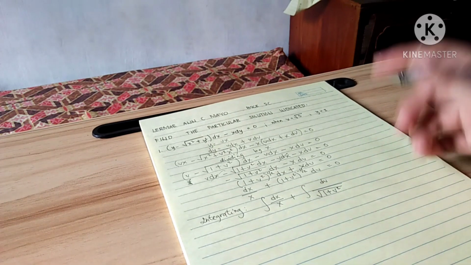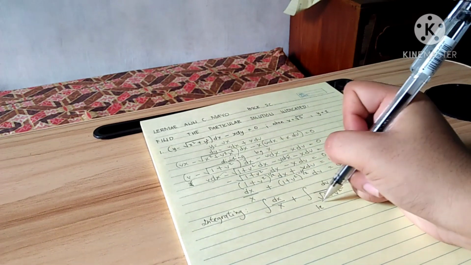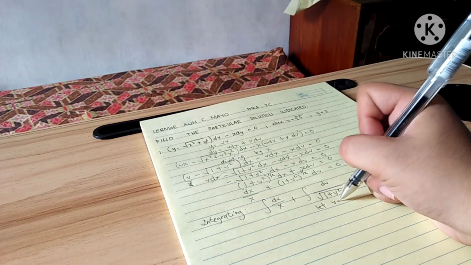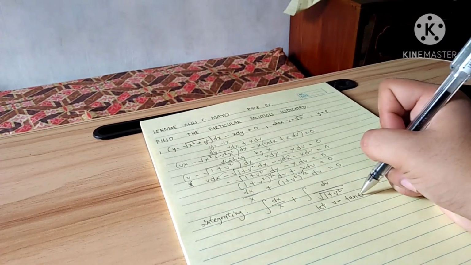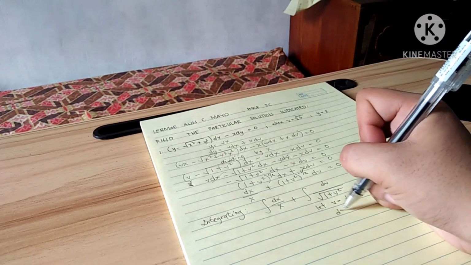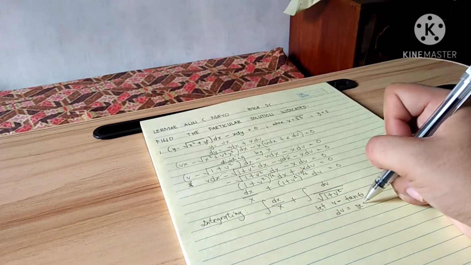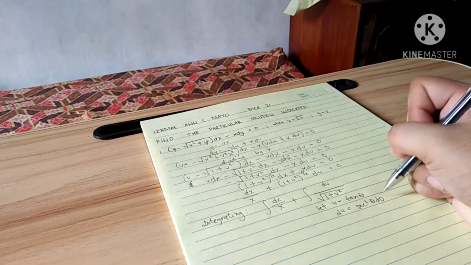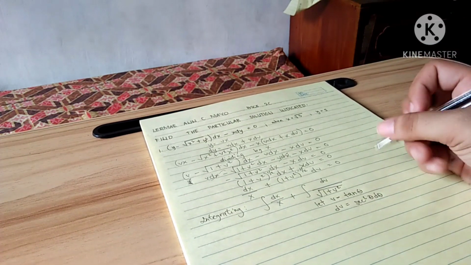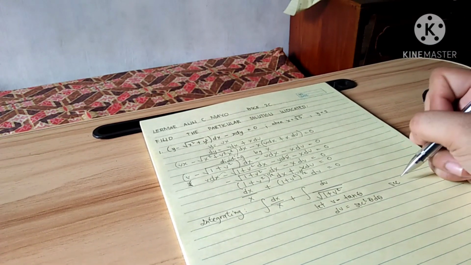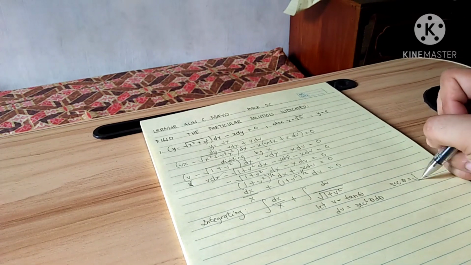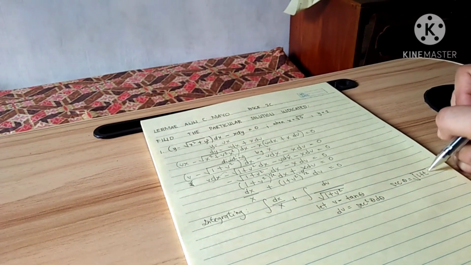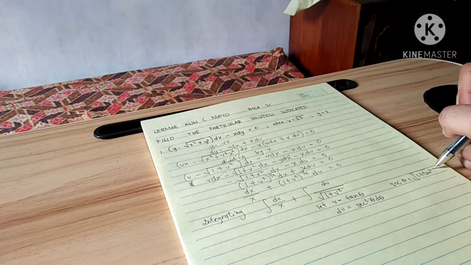In considering this, we let v equal tan theta. So dv will become secant squared theta d theta, and secant theta is equal to the square root of 1 plus tan squared theta.